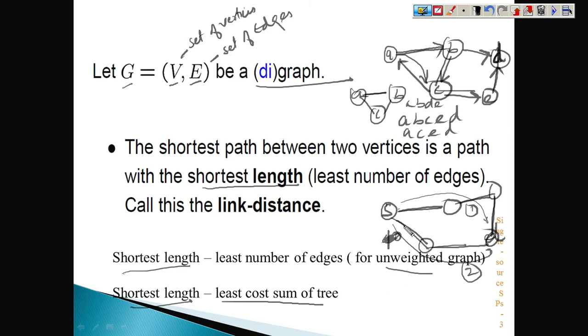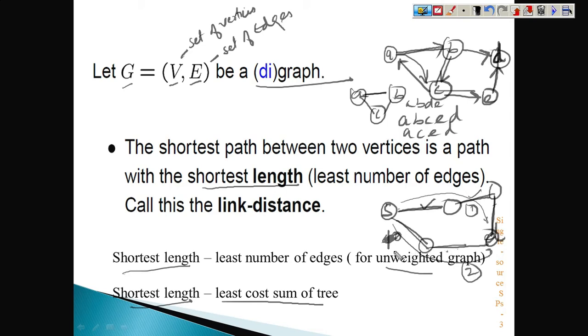Now if this graph is unweighted, meaning I am not going to assign any weight to the edges, then this path is said to be the shortest path or the optimal path, because to reach D here we have to go 1, 2, 3, but here we have to go through only two edges. So when the graph is unweighted, the minimum number of edges in the path will give you the optimal path.